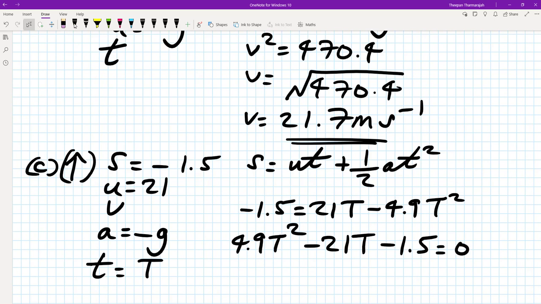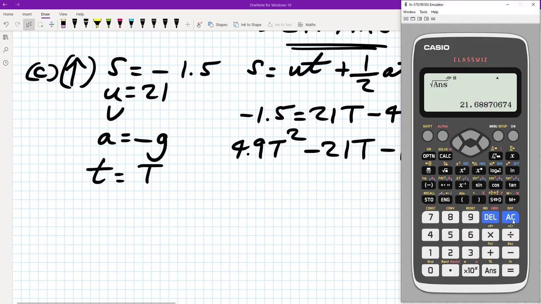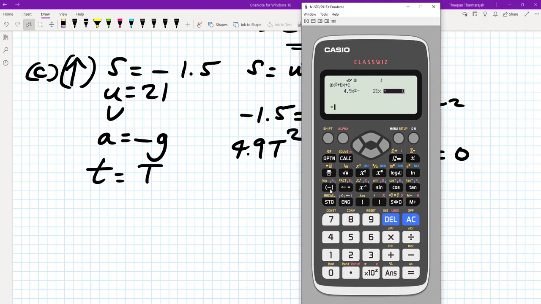Now we can solve that on our calculator. So press alpha minus, which is polynomial. We could just type the coefficients in, 4.9, minus 21, and minus 1.5.